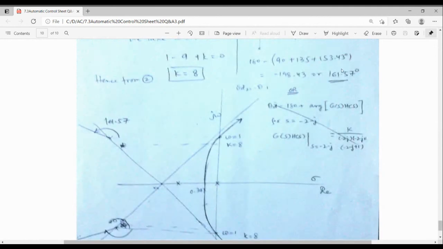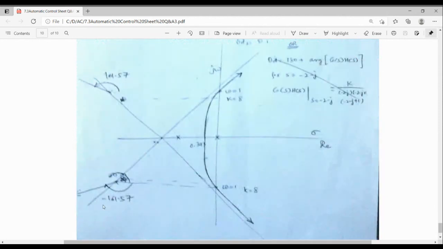What is this? This is 161.57. From this pole, where is the root locus? Starts from here, and draw a perpendicular line to the real axis and take 161.57 degrees, and root locus will start from here and it will travel like this until it reaches infinity at 0.